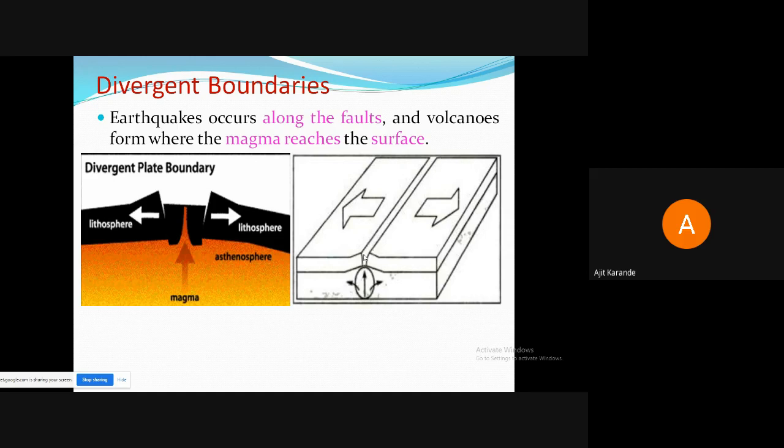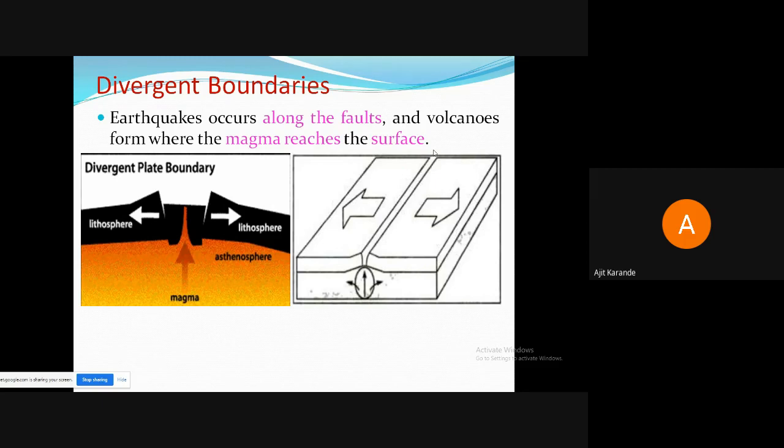In between these fault zones, that liquid material, the magma, comes up to the surface and forms solid rock mass, because after coming up to the surface, due to solidification of the magma, rock masses are formed in that valley or rift area. So earthquakes occur along the fault zones, and volcanoes form where the magma reaches the surface.